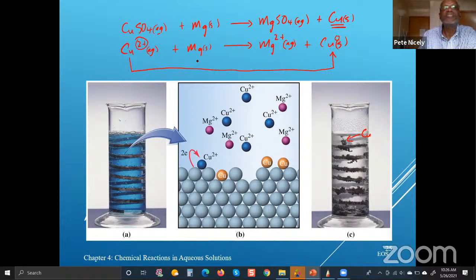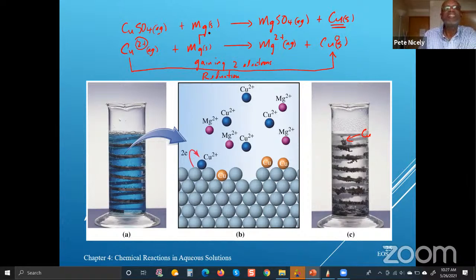That's because the copper 2+ is gaining 2 electrons. In other words, according to the definition that we saw earlier, the copper 2+ is undergoing reduction to form the copper metal.